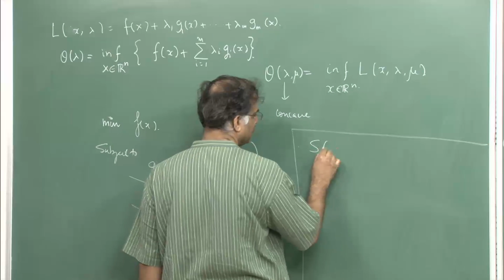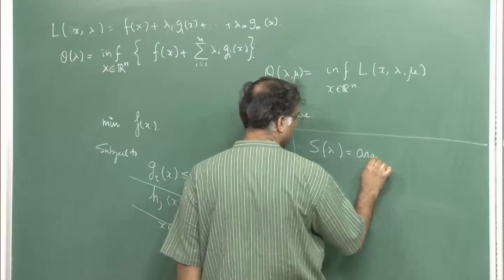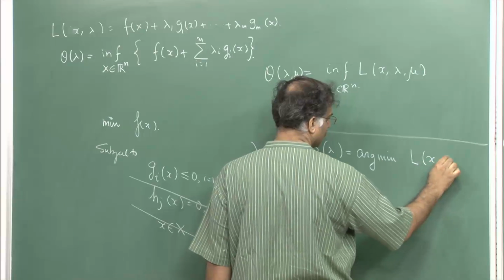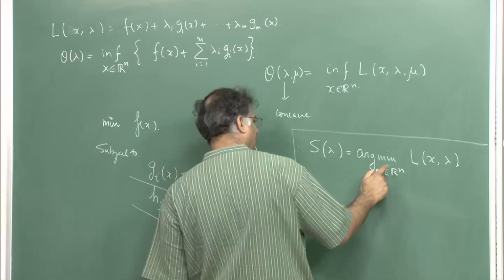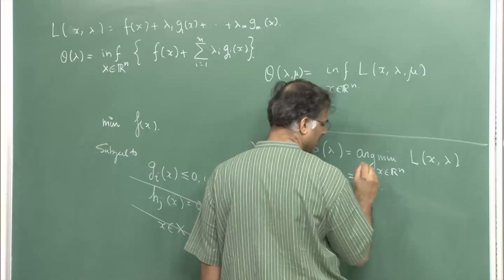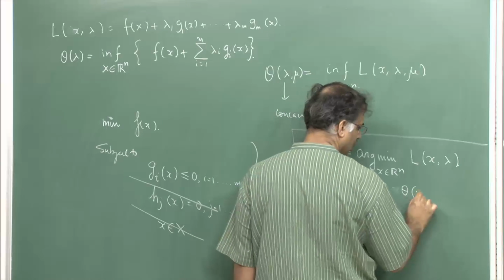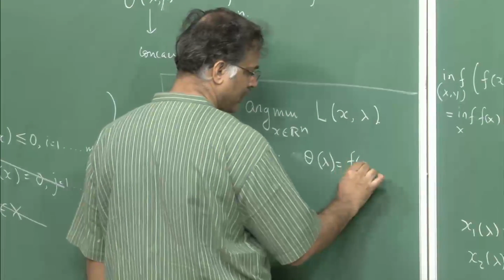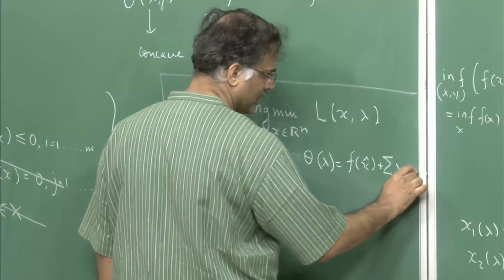Say S lambda is the argmin set, that consists of all x hat such that theta lambda is equal to f of x hat plus summation lambda i g i of x hat.